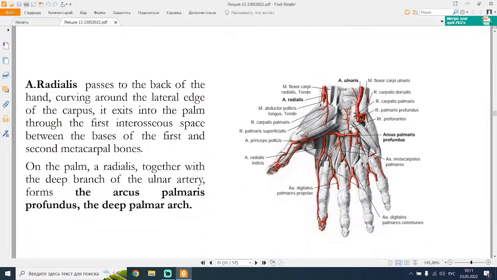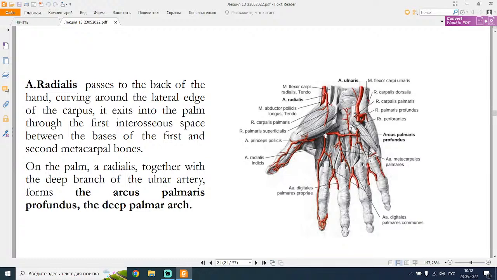Arteria radialis passes to the back of the hand, curving around the lateral edge of the carpus. It exits into the palm through the first interosseous space between the bases of the first and second metacarpal bones.